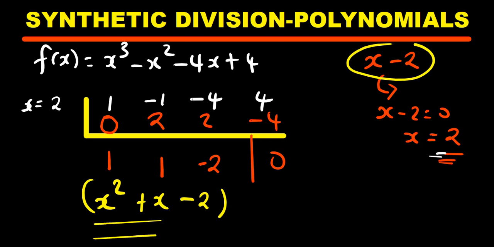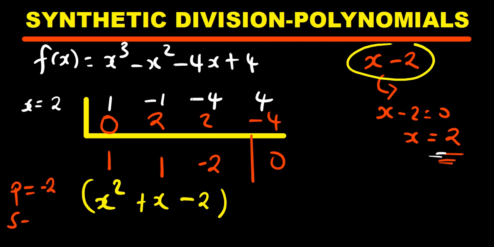So now how do you find that factor? You can either use the formula method for solving quadratic equations, but for this one, I think you can use the product and sum method. We have the coefficient 1 here and -2 here, so the product will be -2.